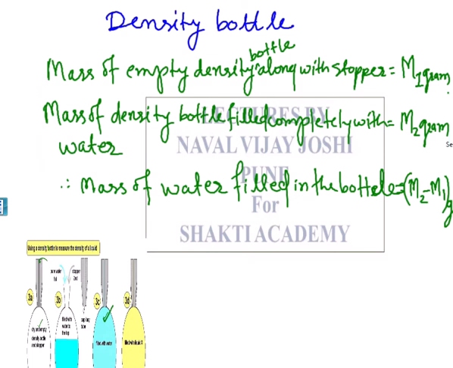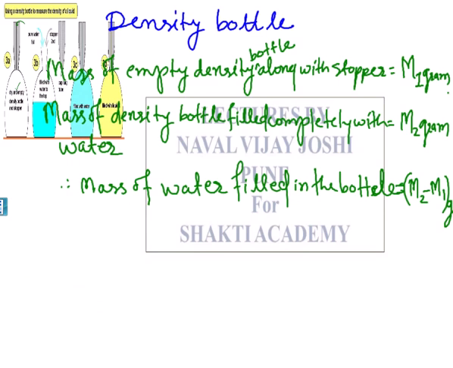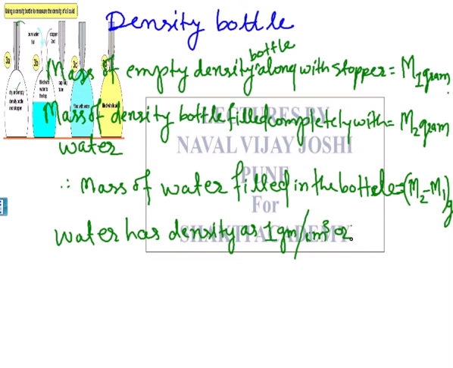After this, I would focus on a special property of water we are using here. Water has a density of 1 gram per cm cube, or I can say 1 gram per milliliter.